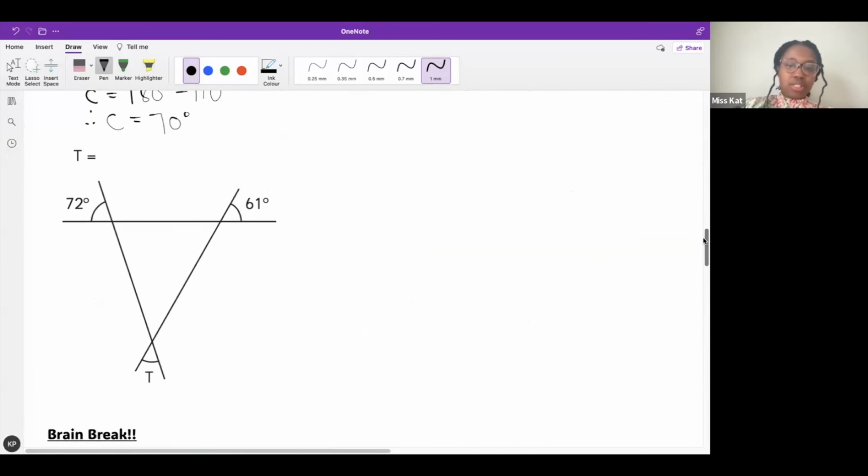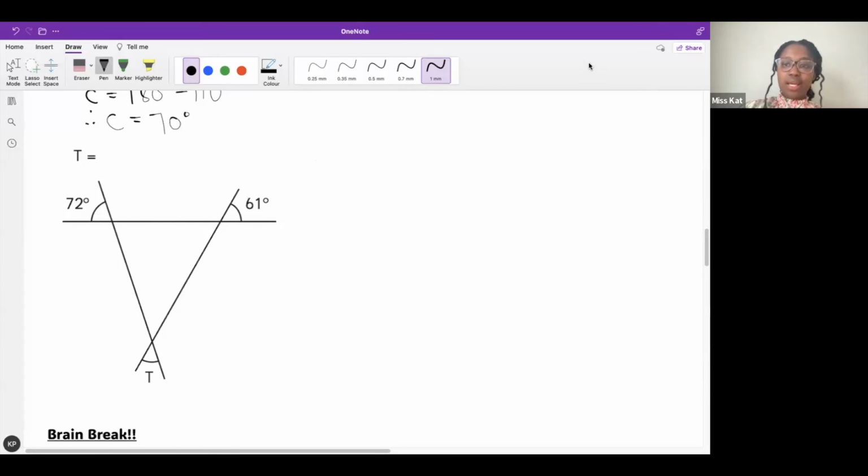Ooh, someone has an answer for T. Say T plus 61 equals 180, angles on a straight line. But where did 61 come from? Anyone have an idea how we're gonna get T?